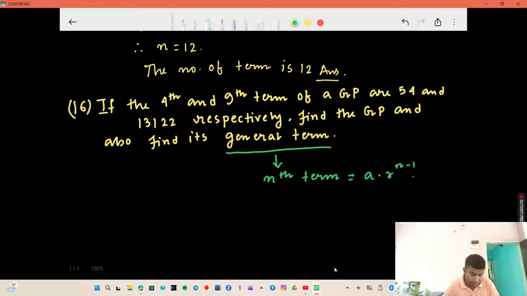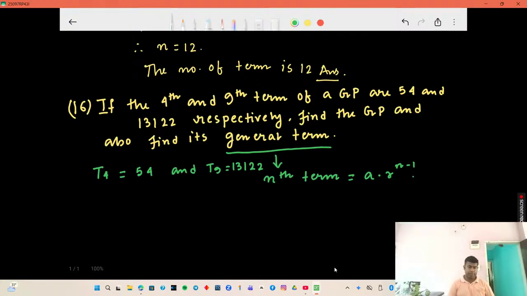Okay. So now here the values of the fourth and the ninth term are given. So T4 is equal to 54 and T9 is equal to 13122.